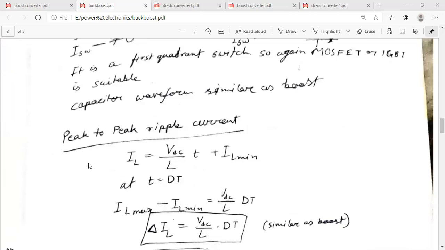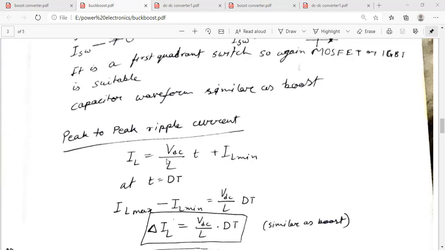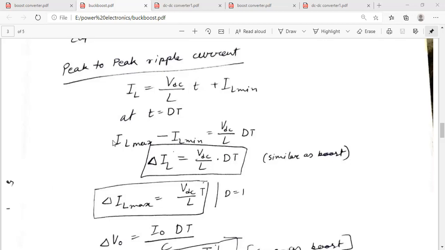Okay, and so the peak to peak ripple current of IL will be VDC by L into T plus IL minimum. At dT, it will be IL max minus IL minimum equal to VDC by L dT. So delta IL, IL max minus IL minimum, is VDC by L dT.